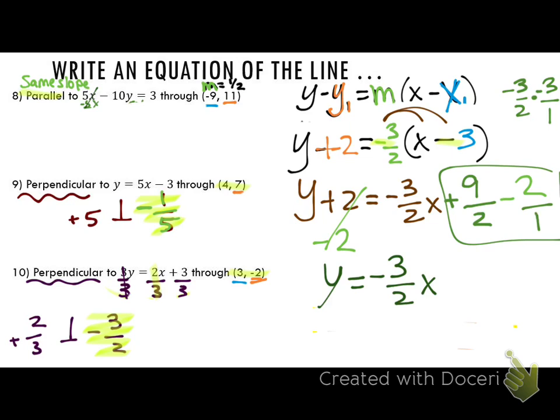So what will 2 over 1 turn into if I multiply times 2? 4 over 2. All right, so now we just combine the tops. So we got plus 9 minus 4, which makes 5. Is it a positive or a negative 5? Positive, because 9 was bigger. And then over 2.